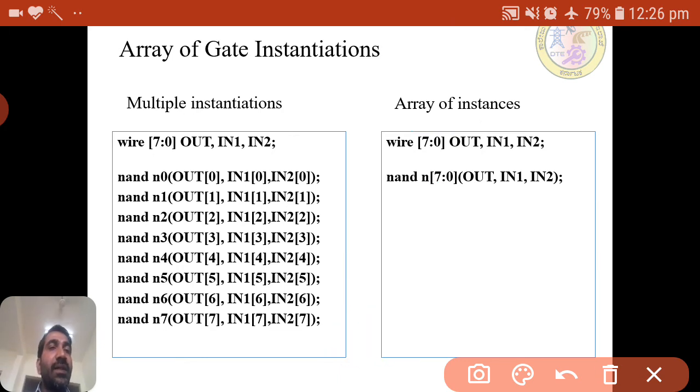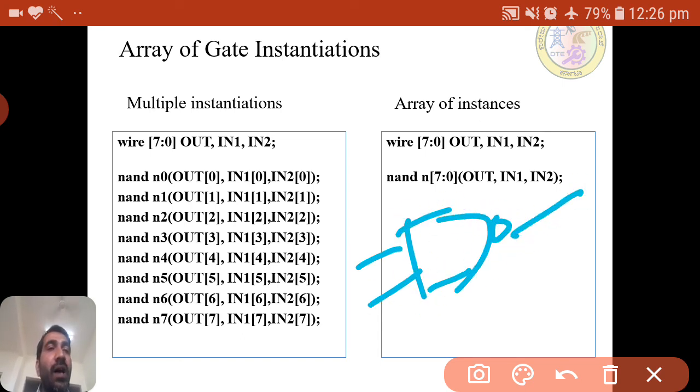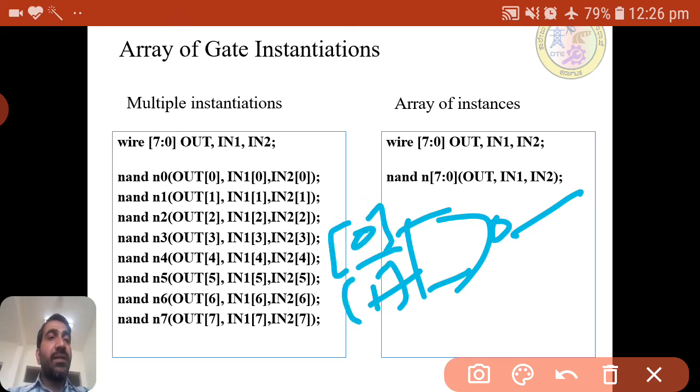Like this, for an array of gates we are assigning index values: in1 of 0, in1 of 2.